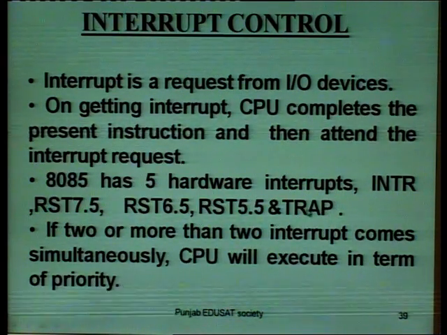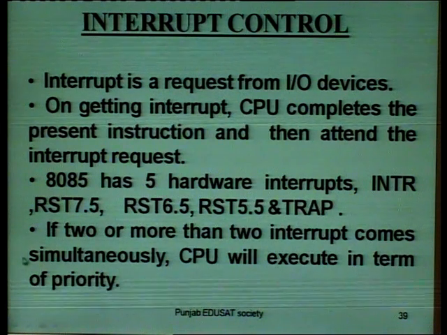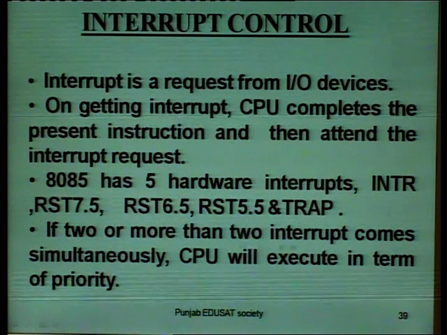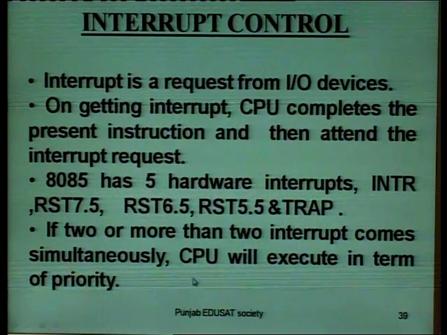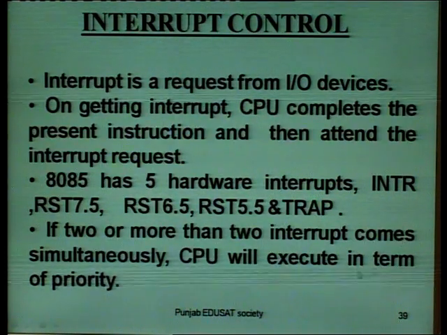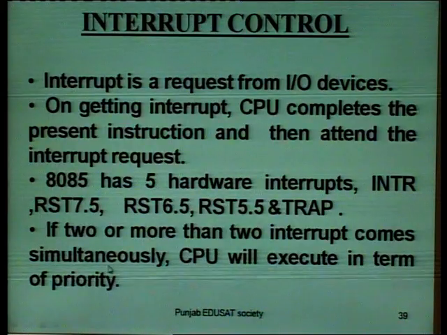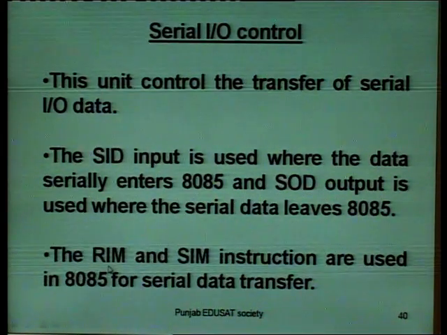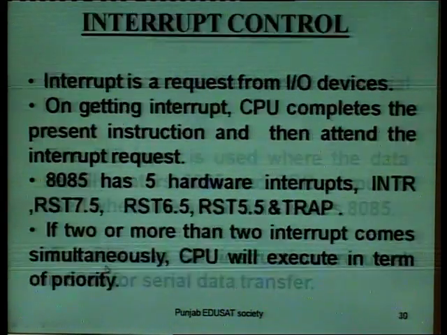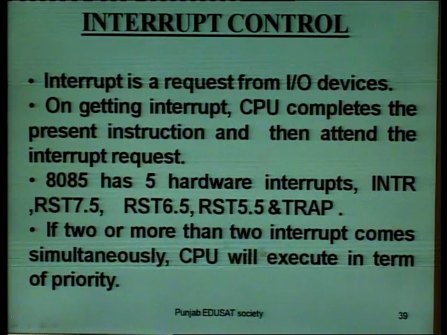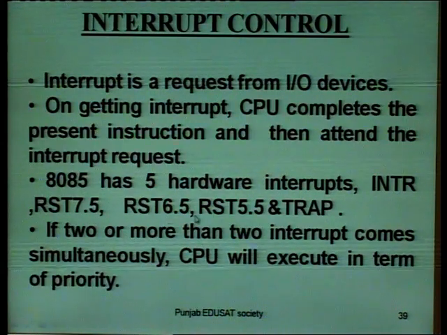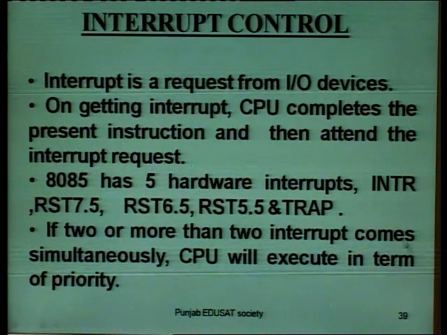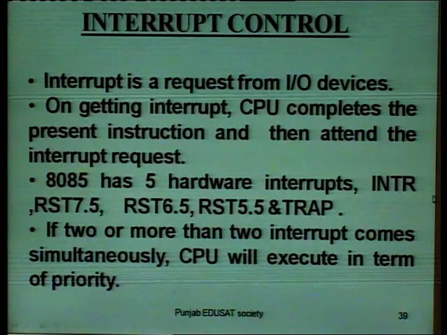Trap has RST 4.5. If 2 or more than 2 interrupts come simultaneously, CPU will execute in terms of priority. Trap has highest priority, then after that RST 7.5, RST 6.5, RST 5.5 and at last interrupt request.